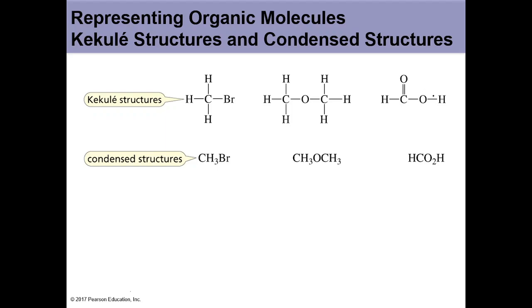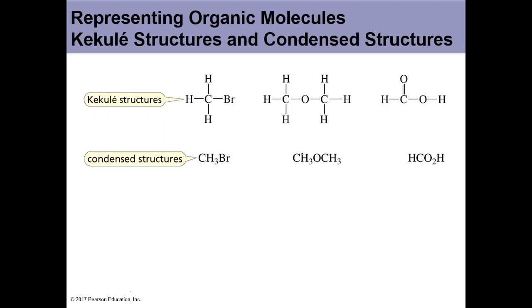Now, other than drawing all of the atoms or element symbols with bonds, we can actually draw something so-called condensed structures. In the condensed structure, you can see that we omit all of the bonds or dashed lines. We bring all of the element symbols together to look like a chemical formula, but actually they're not like the formula we normally would do.